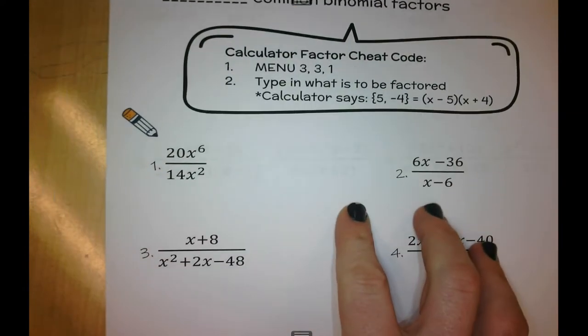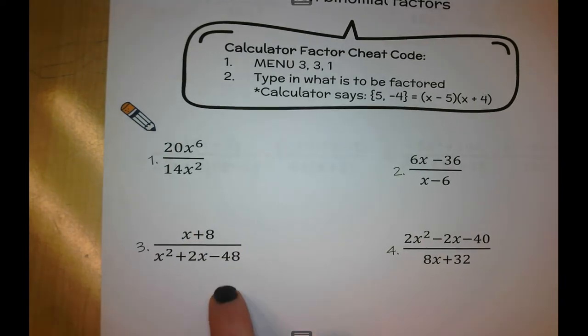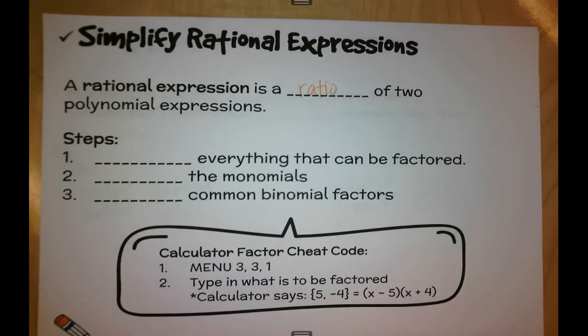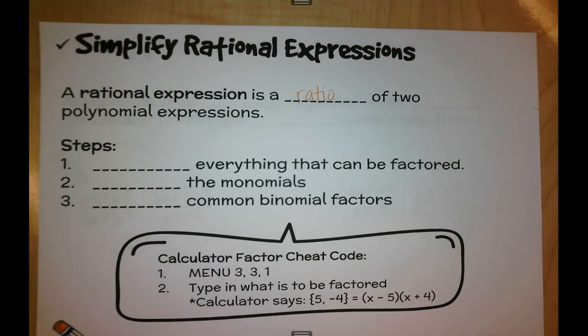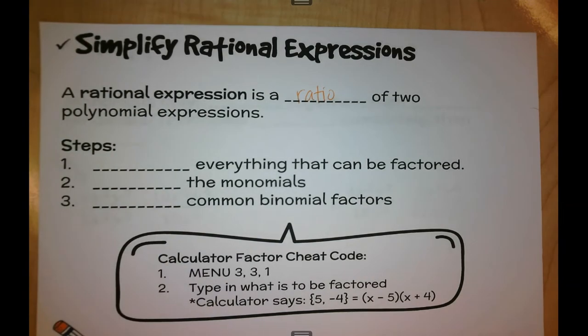So look below. This is a rational expression. So is this one. They look a little bit different, but they are rational expressions. So the first thing we're going to do with these is simplify them. So our steps, we got 3 of them. First one, we want to factor.